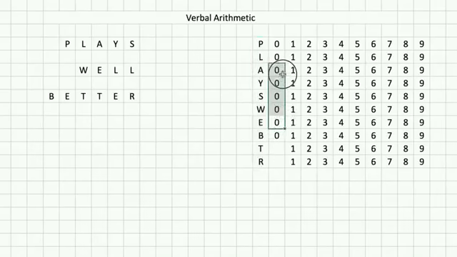So this is a good one. B cannot be 0, W cannot be 0, and P cannot be 0. And we know B should be 1, because the leftmost digit cannot be a 0, right?